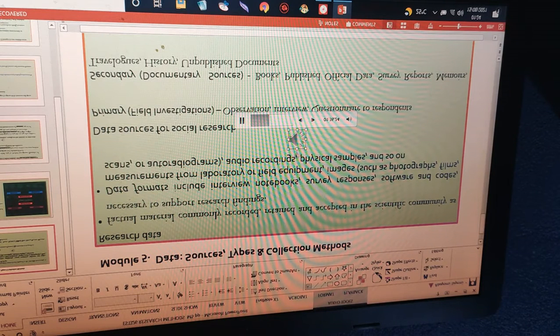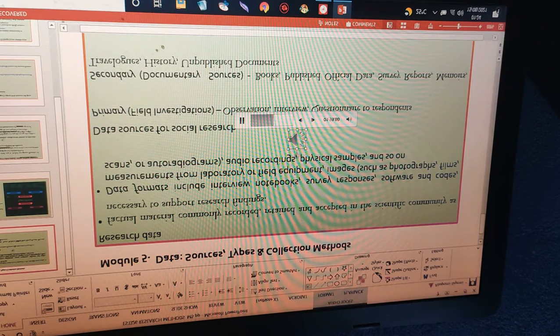Now, data sources, especially for social research. Primary. So when you say primary source, you are talking about field investigation. That is the primary source. You are referring to what you did on the field and how you did it.